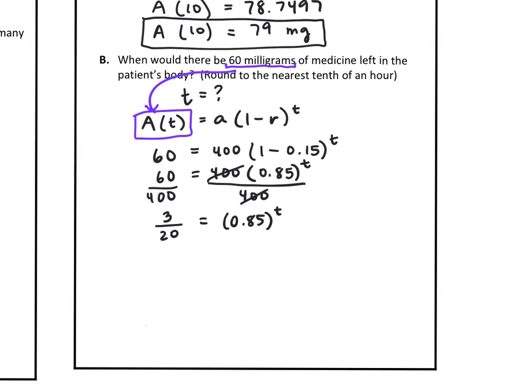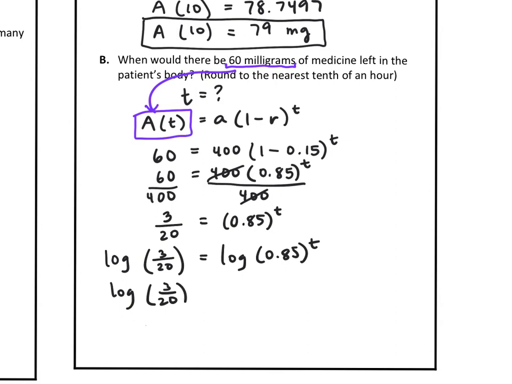Okay, and then we're going to apply log on both sides. So we're going to have log of 3 over 20 equals log of 0.85 to the power of t. The log allows me to use the power rule and move the t to the front.